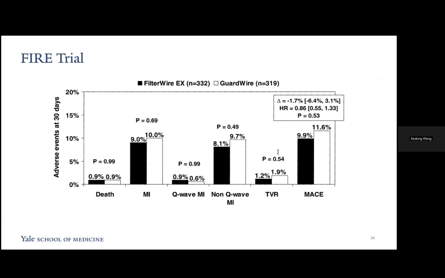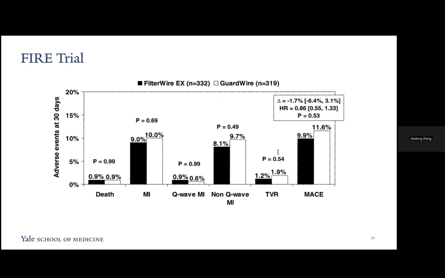Interestingly, once a trial like this comes out, it becomes unethical in a sense to compare other devices with another group that doesn't have the device, because obviously it becomes very unethical to deny patients the benefits associated with embolic protective device use.